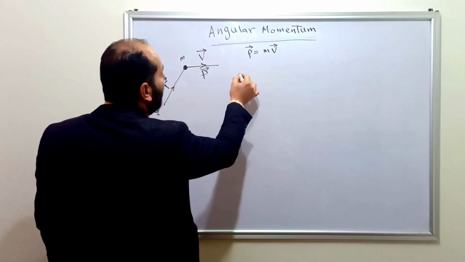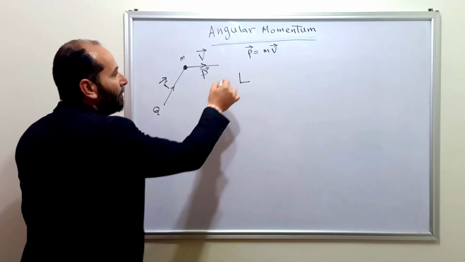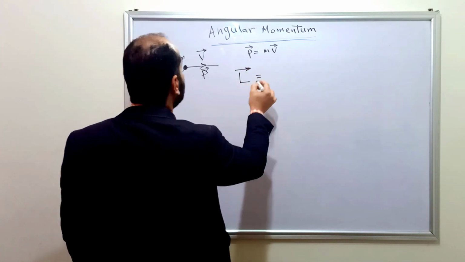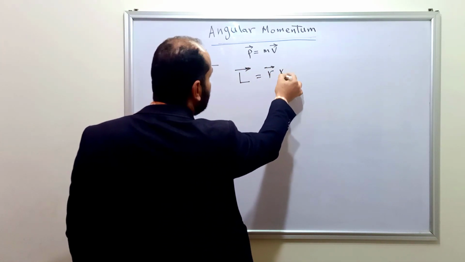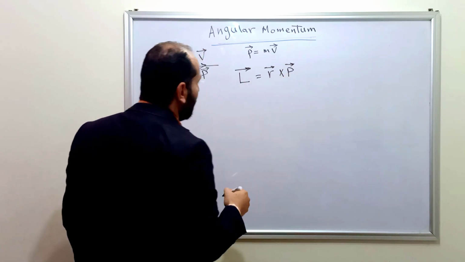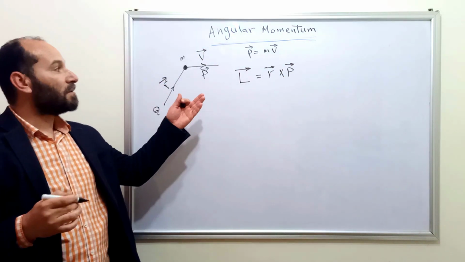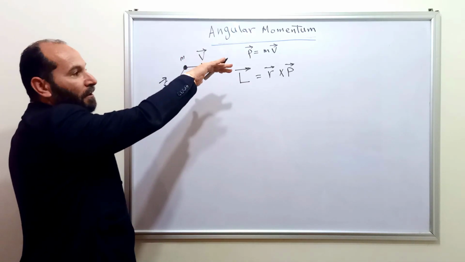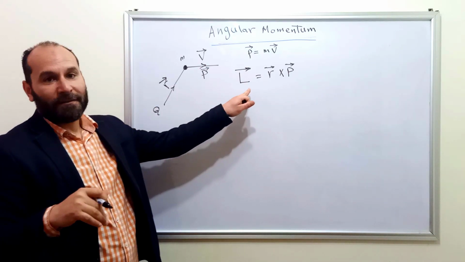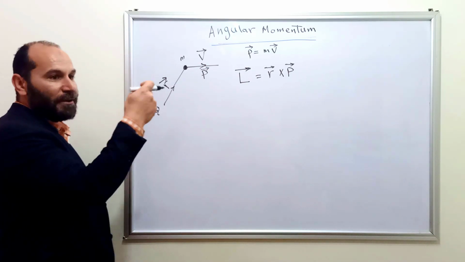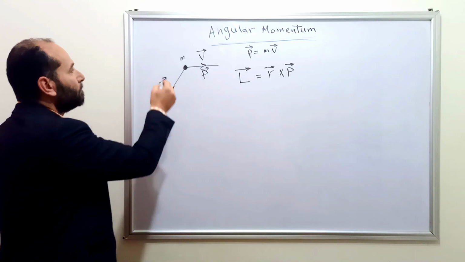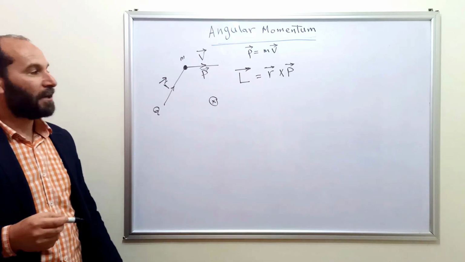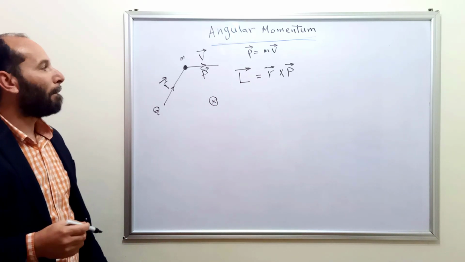We have angular momentum L equals R cross P. And we read about cross product of R and P. So the direction of L here is inside the board, perpendicular to the plane of the board. This is the direction of angular momentum.